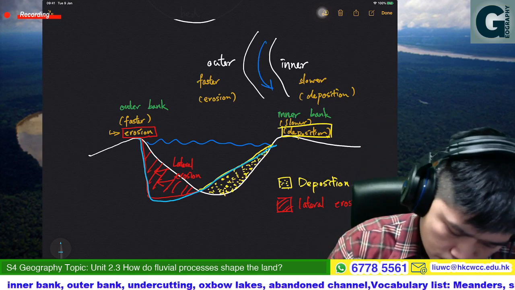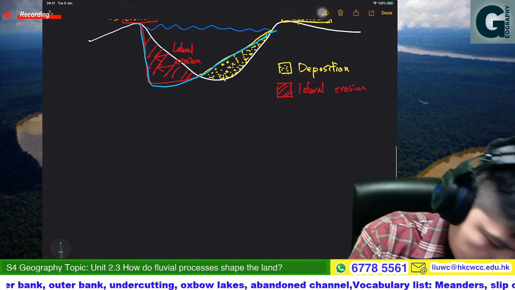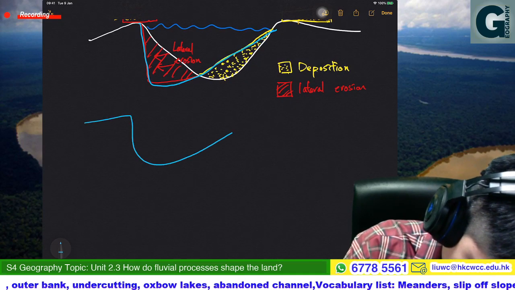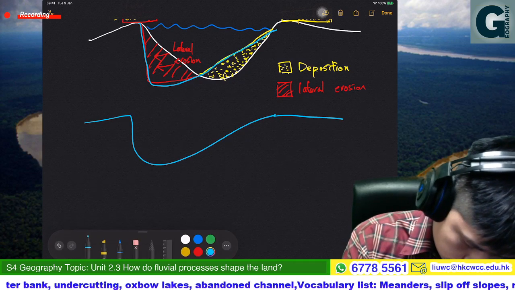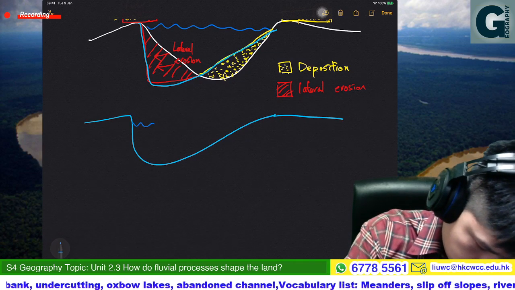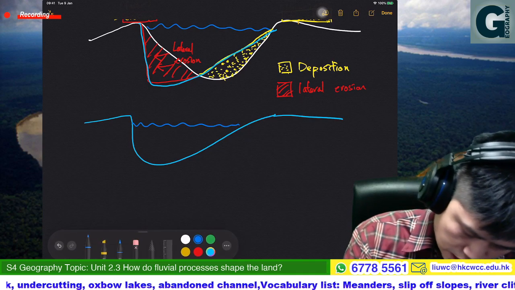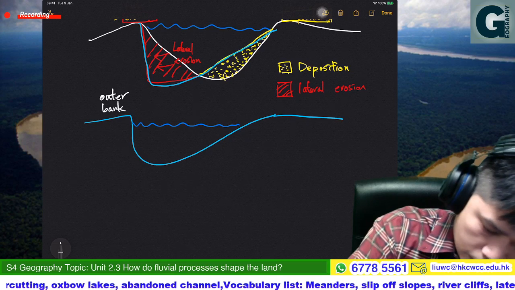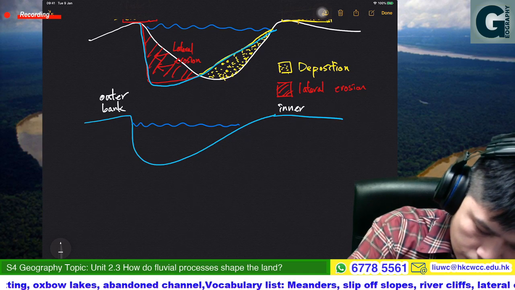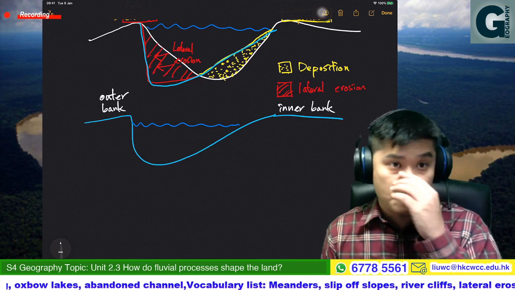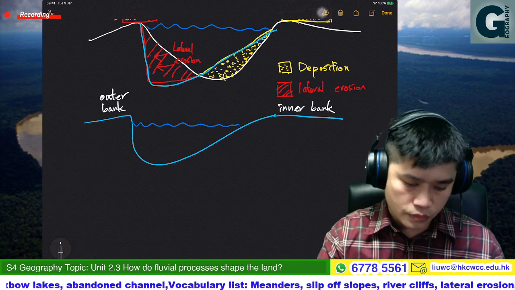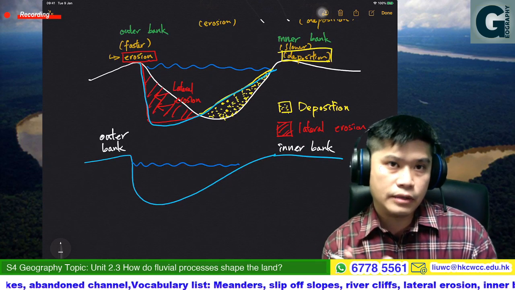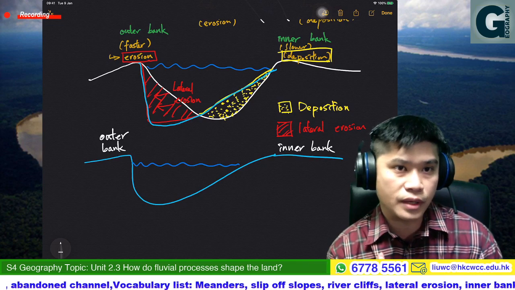So the new cross section of the bend would be like this, and you can still see the outer bank and also the inner bank. So that would be the formation of the meander.